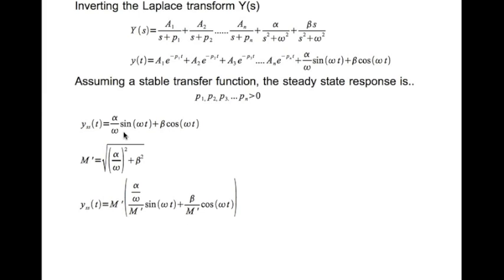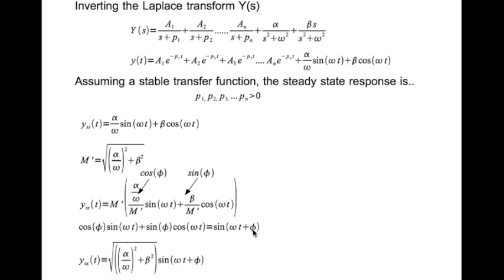Essentially what I'm doing is multiplying and dividing this expression by m dash. Now we'll call this term cos phi and this term sin phi. You can check this is valid, because if you do cos squared plus sin squared, you'll get 1. And using the identity cos phi times sin omega t plus sin phi times cos omega t is equal to sin omega t plus phi, we can write YSS as m dash, which is this, times sin omega t plus phi.